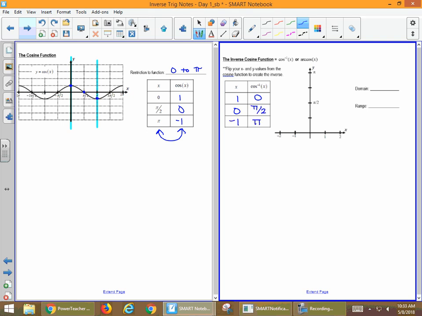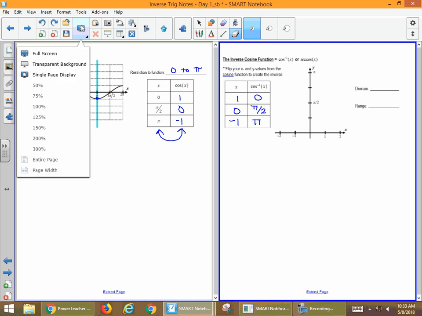And I know those aren't in order from greatest to least for your x's. If that totally bothers you, switch them around. Put them in the right order. If you want to do a different table where you have negative 1, 0, 1, that's fine. I think it's more important just to get all the x's and y's switched around. Good so far?